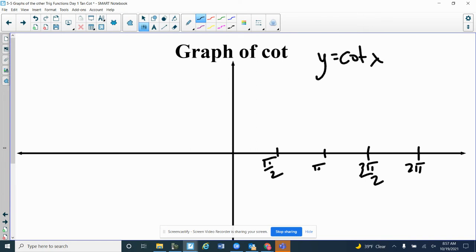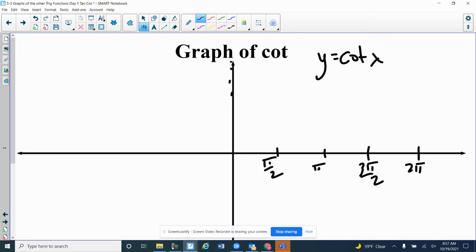What do you get? Plug that in the calculator. Take the cotangent of 0. 1 divided by the tangent of 0. Luke, what does that give you? Take 1 divided by tangent of 0. Yeah, you get an error.